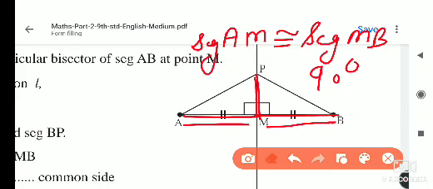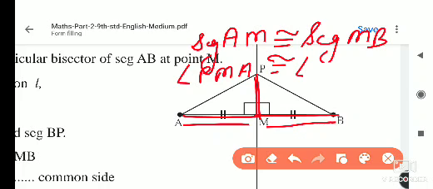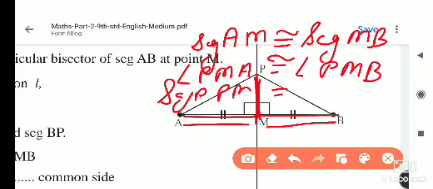Next, both angles are 90 degrees because it is a perpendicular bisector, so angle PMA is congruent to angle PMB. And PM is a common side: seg PM is congruent to seg PM. That's why these two triangles, PMA and PMB, are congruent to each other by which test?